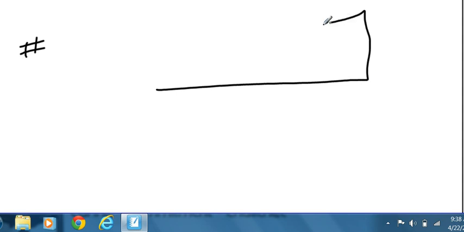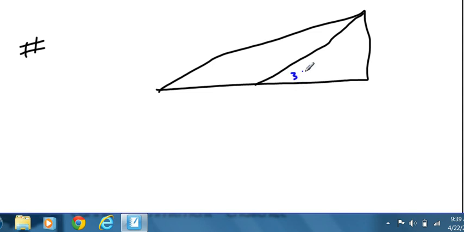So I've got this picture, looks like that, 37 degrees, 24 degrees, and this guy's 270 feet. Wouldn't it be cool to have this side?